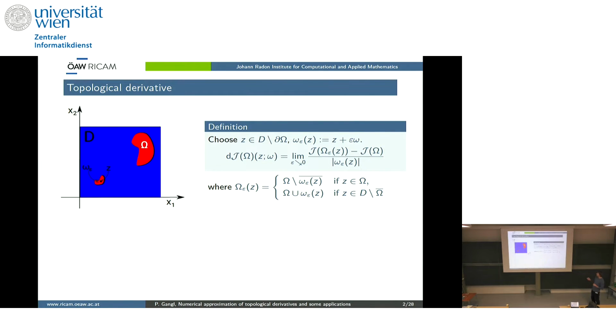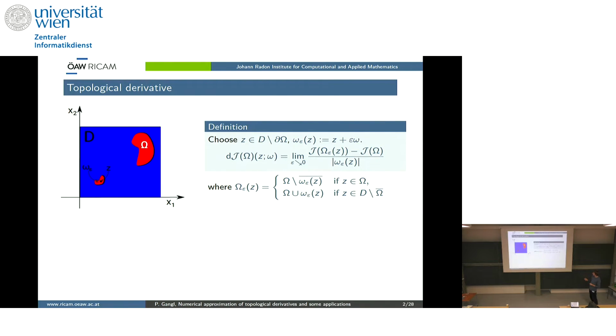We introduce an inclusion. We call it omega eps of z. That is an inclusion that is centered at the point z, is of radius epsilon, and its shape is given by this little omega. So typically, you may think of disk shapes, like ball shaped inclusions, but today we will see that you can also deal with other inclusion shapes.